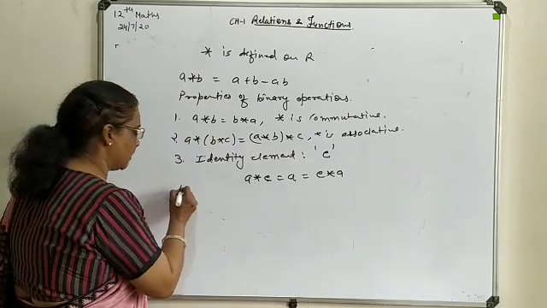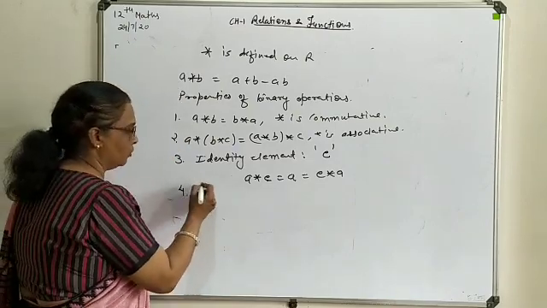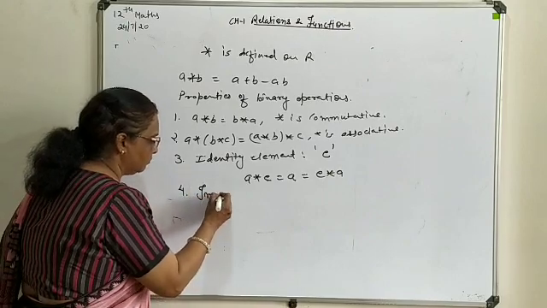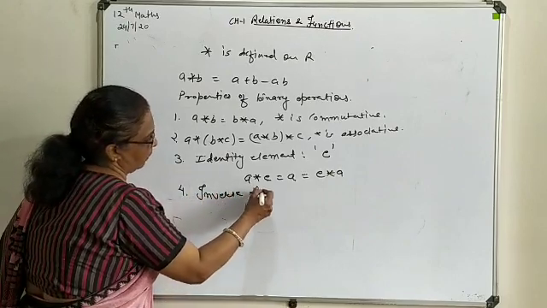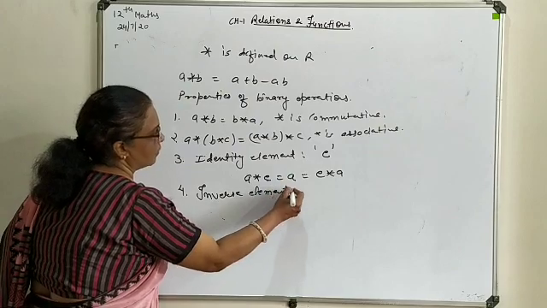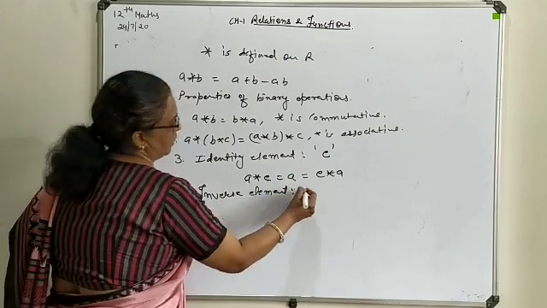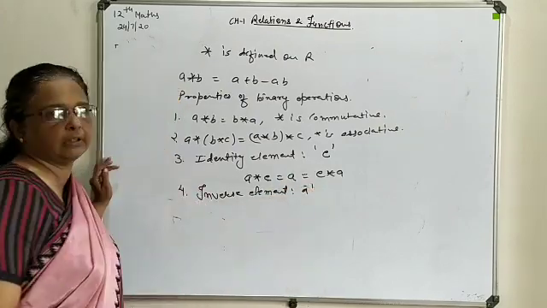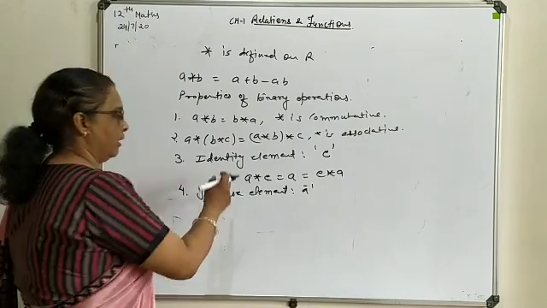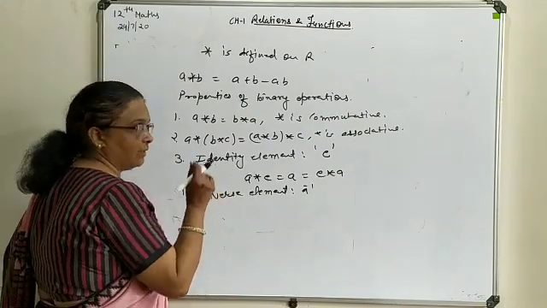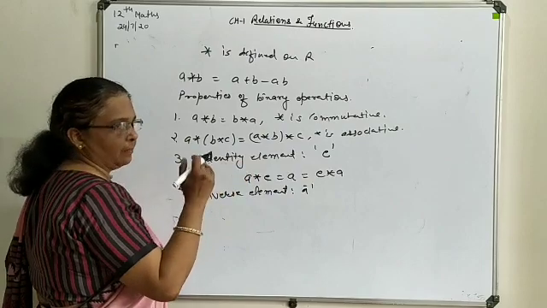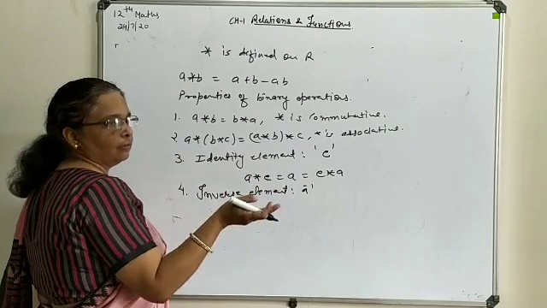Now the last is the existence of inverse. Inverse element means you will use the inverse for writing the inverse of A. Normally, as an inverse we write the additive inverse, meaning A minus A will give you the identity element.